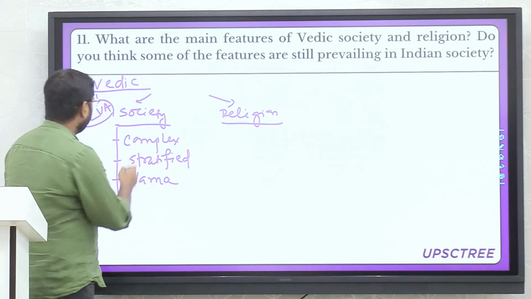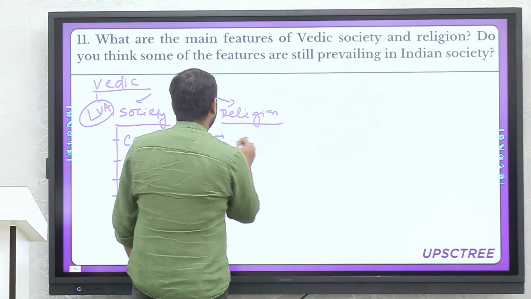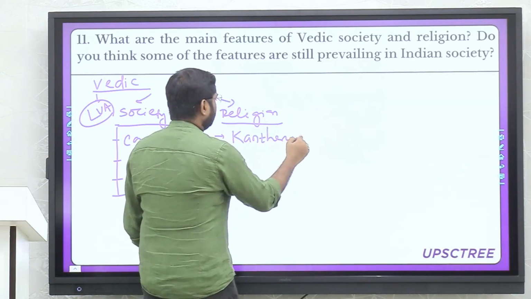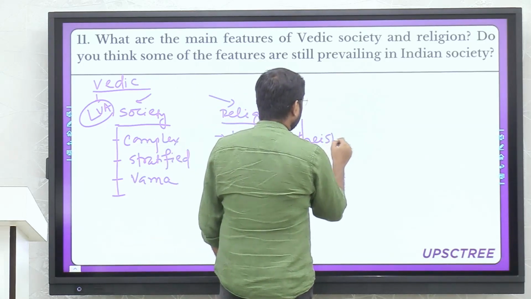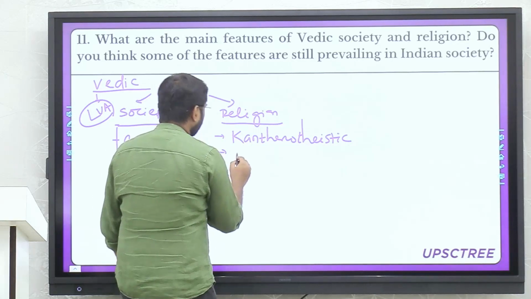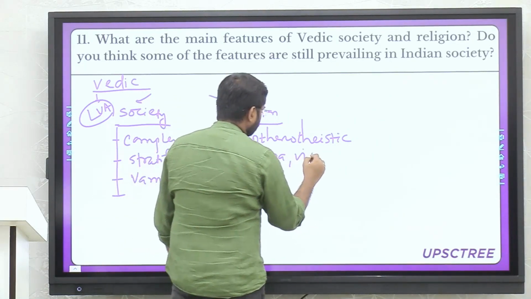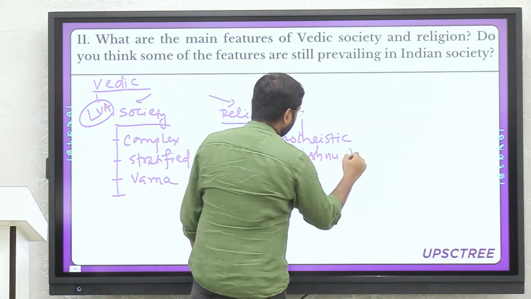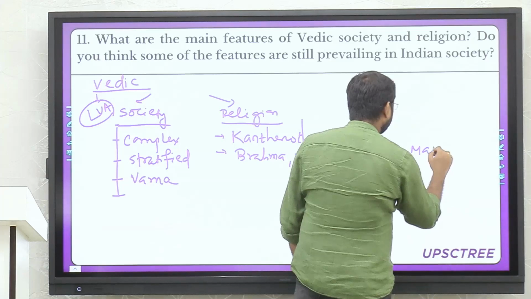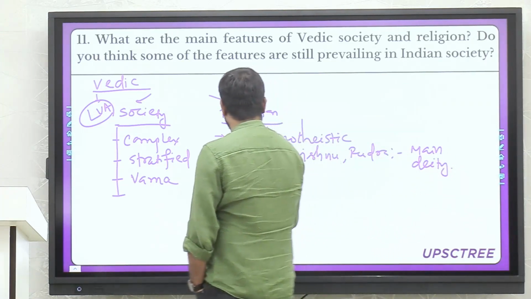And if you look at the religion, here we have theistic religion. The important gods at this point of time, in the later Vedic age, were Brahma, Vishnu and Rudra. These are the main deities or chief deities in the Vedic age. Shiva was also there, that is Rudra.